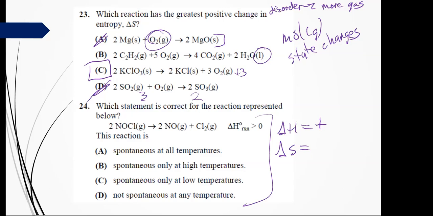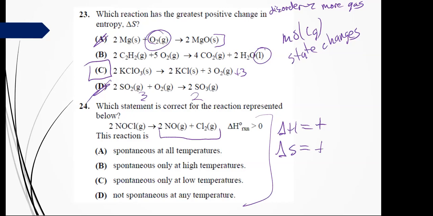What should our entropy change look like for question 24? All right. So we have 2 moles of gas and we're going to 3 moles of gas. So it should be a positive change there.